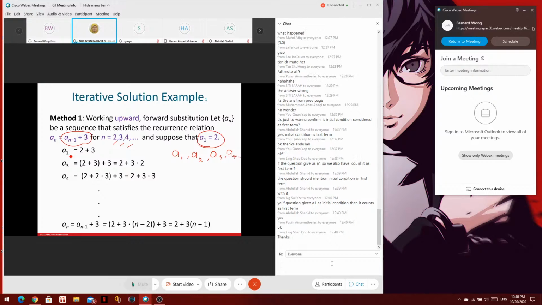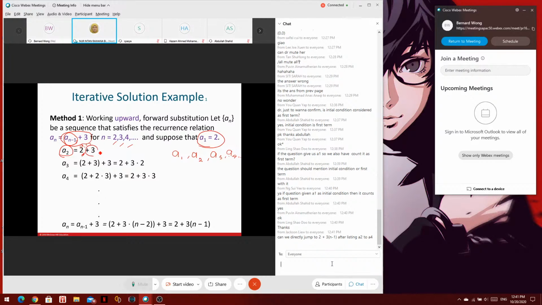So a_2. When you are finding a_2, the recurrence relation of a_n uses the value of the previous a, which is a_1 equal to 2, so 2 plus 3.